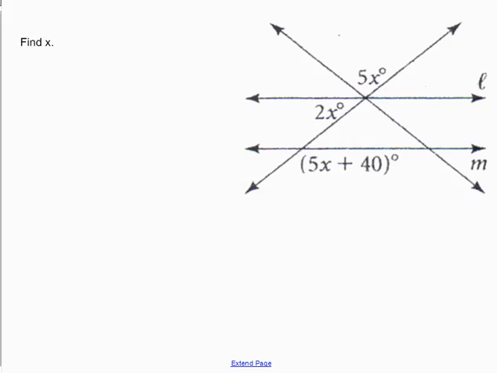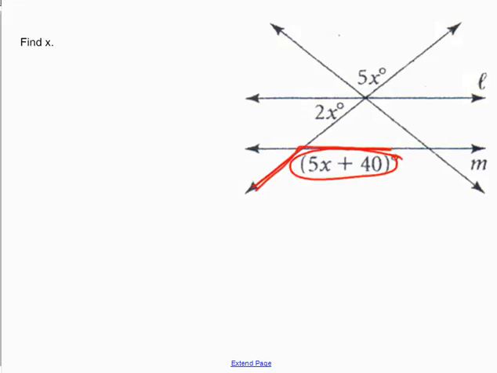Last one. I'm going to go quick. All right, so we have to find x. So I'm looking at this picture right now, and I see this angle right here. And I see, oh, okay, well, I know what this is right here.